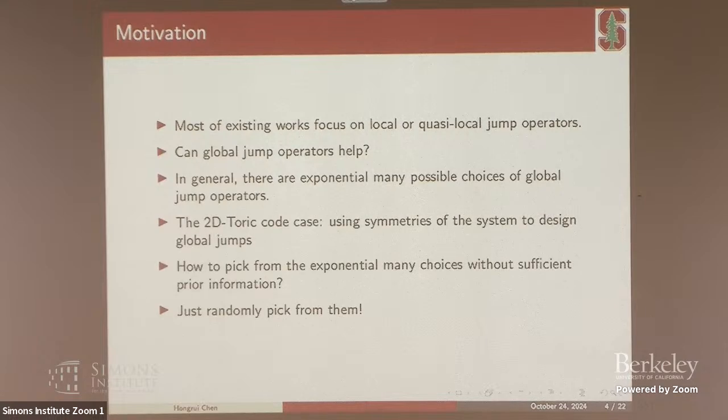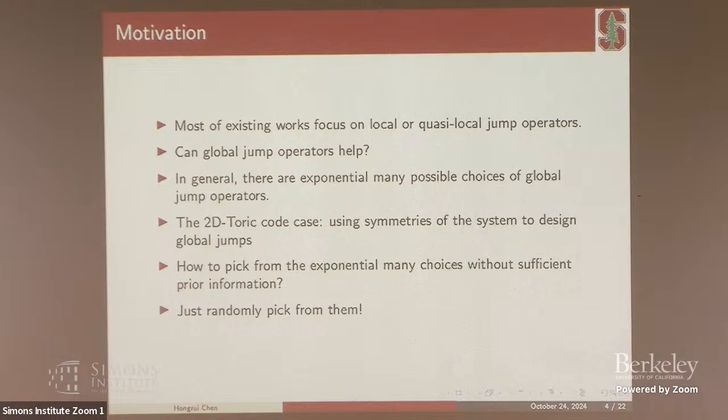There is one example, the 2D toric code case, which was discussed in Zhijian's talk. For the 2D toric code, we can use the symmetries of the system to design some global jumps, and it has been shown that global jumps based on the symmetries help the thermalization of the dynamics.